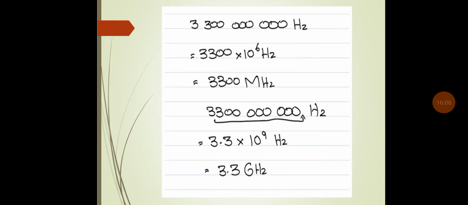Clear? Now, when we convert this to standard form, 3.3, it will be 10 power 9 hertz, and 10 power 9 is written as giga. So it will be 3.3 gigahertz.